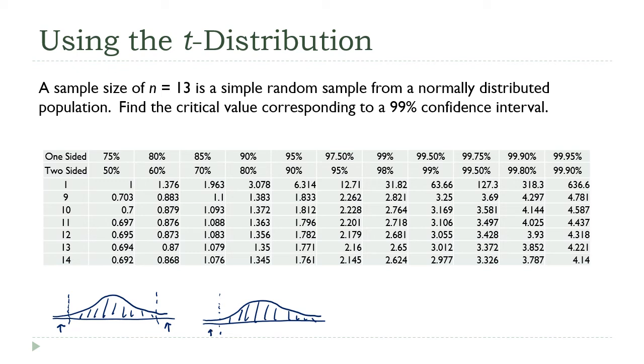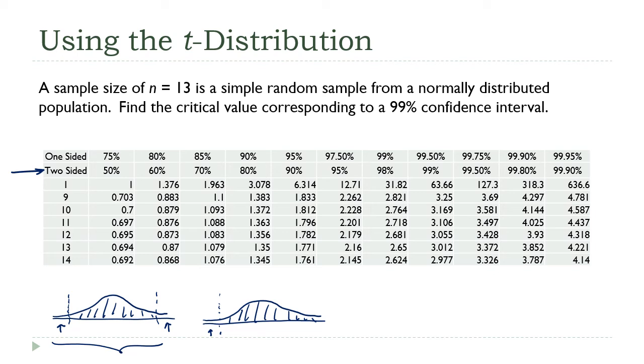Well, for what we're doing so far, this is an easy one. Confidence intervals are always two-tailed. And if you think back to the diagram we used, we're talking about proportions, right? It looked like this one, right? It had two tails. It's the same thing here. So when we're doing critical values for a confidence interval, we're always going to be looking at this two-sided row, right?